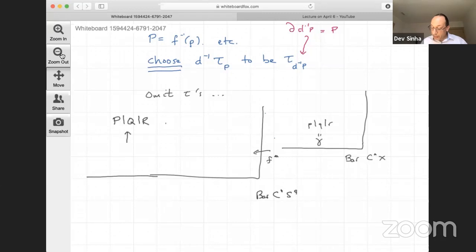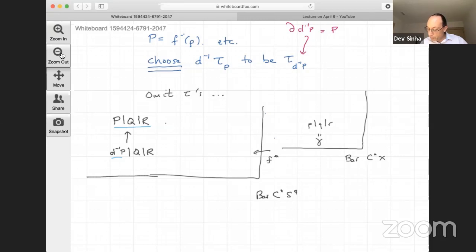I can, again, it's the same game by taking D inverse, but if I take D inverse of just one of these, again, D inverse means a choice of co-bounding cochain, then under the Leibniz rule, when I take D of the first term, I get exactly this. And the D of the other two terms will be 0 because Q and R are closed. So that's the Leibniz co-boundary.